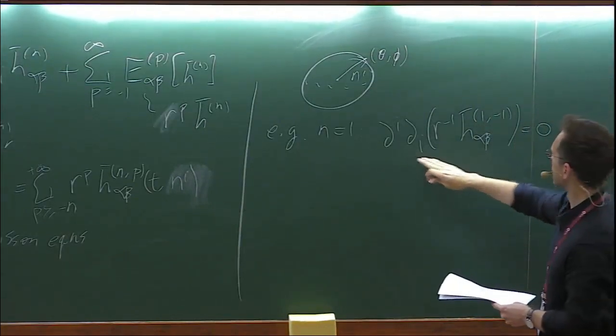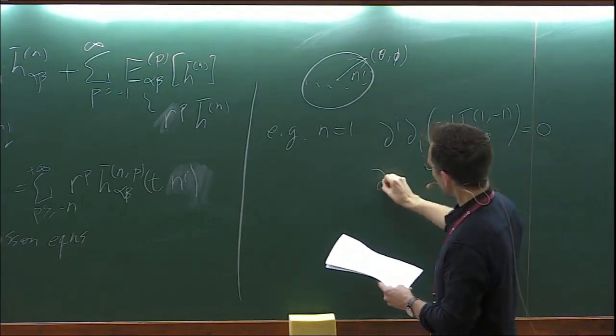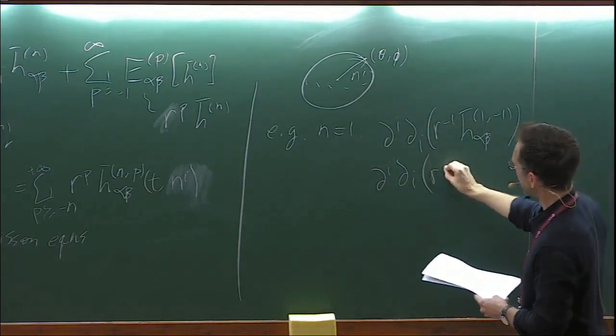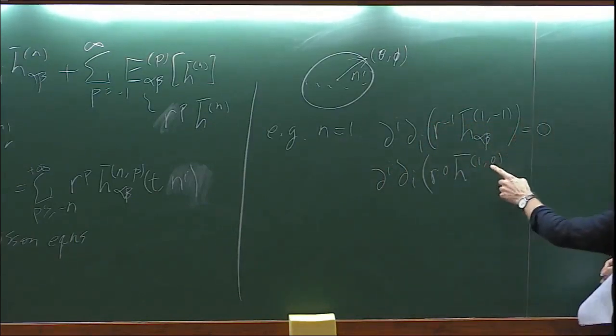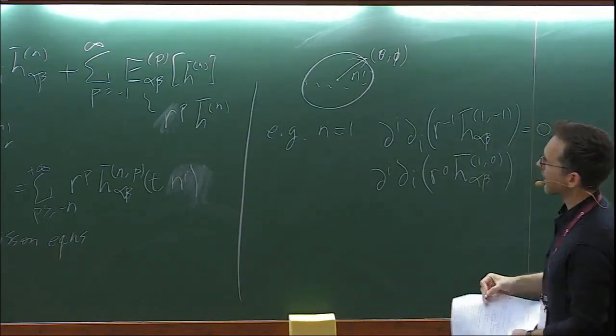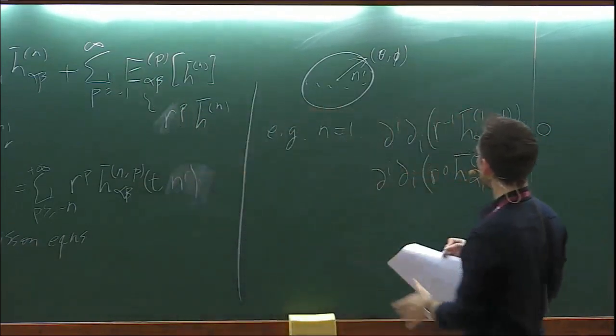So this is just Laplace's equation. Then you're going to have a flat space Laplacian acting on the next term in r, which is r to the 0. And we're going to get these e superscript p terms, move them to the right-hand side of the field equation.